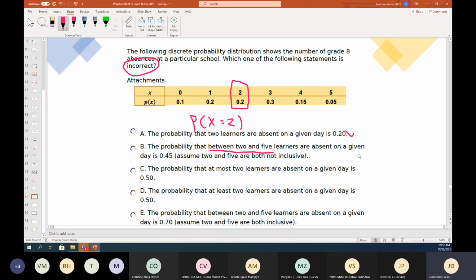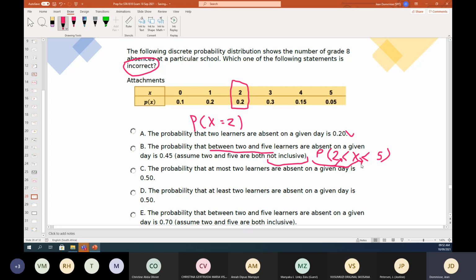So the probability of learners between 5 and 2, and it is not inclusive, so it is not smaller or equal to 5 or bigger or equal to. So we're not including because it's not inclusive. So because it's not inclusive, it's not equal to. Okay.